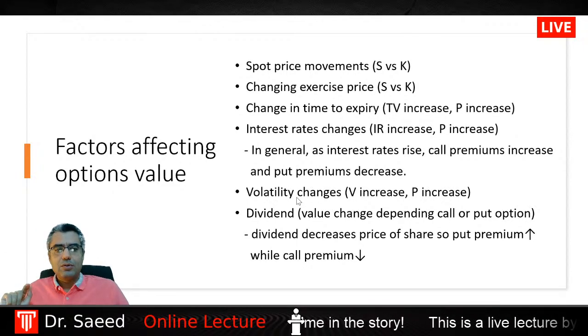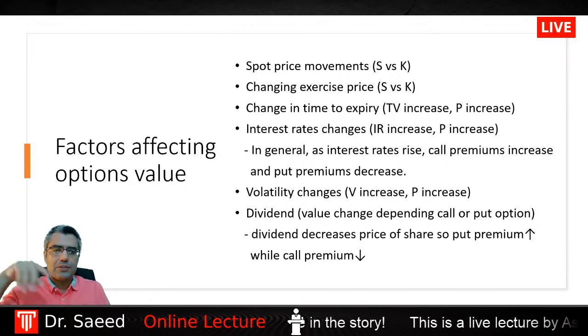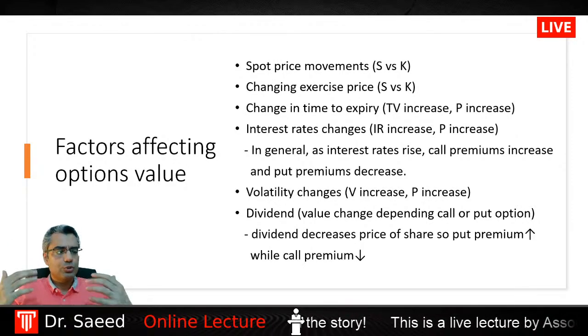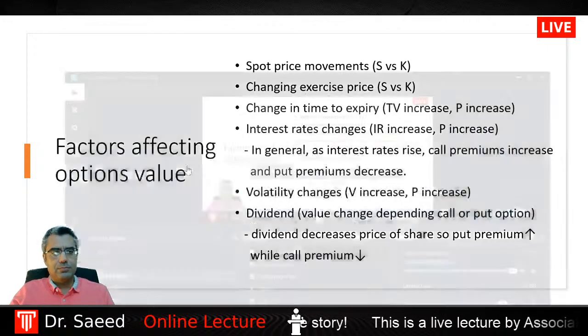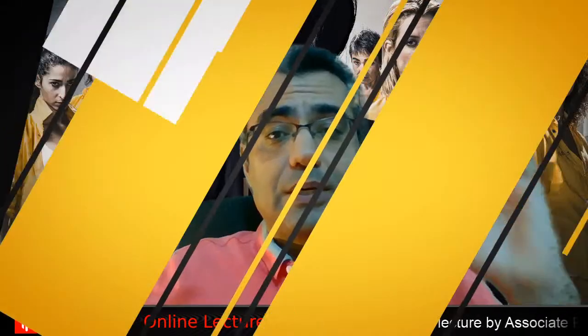And then the fluctuations, volatility, why? Suppose there are two options. Option 1, the price of the underlying asset is very stable. It doesn't change much, so it's like a straight line, right?